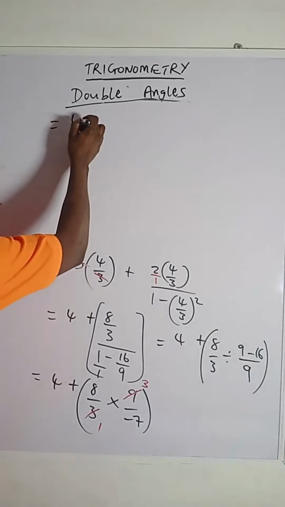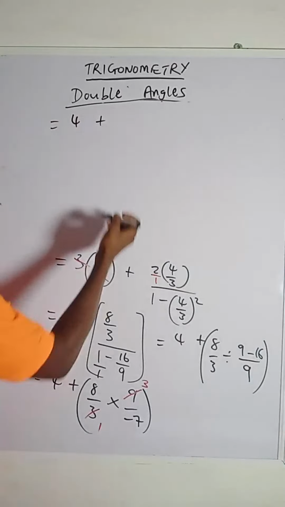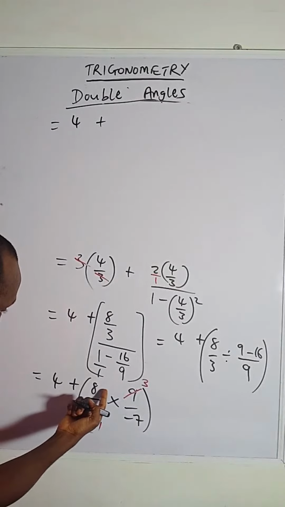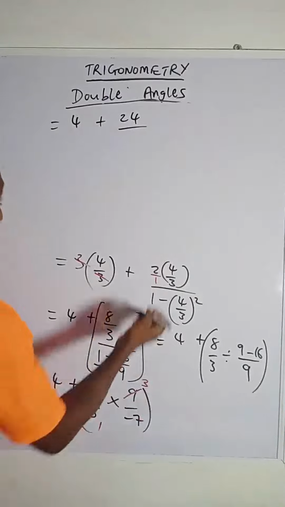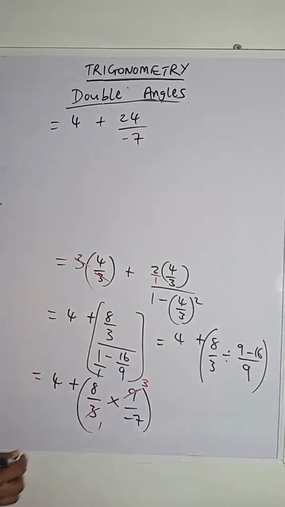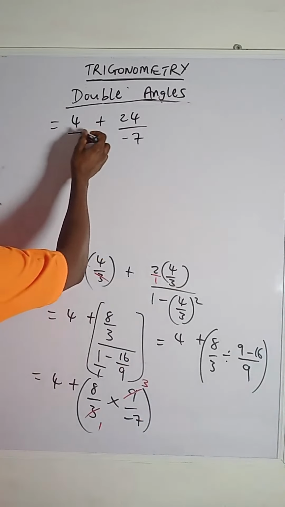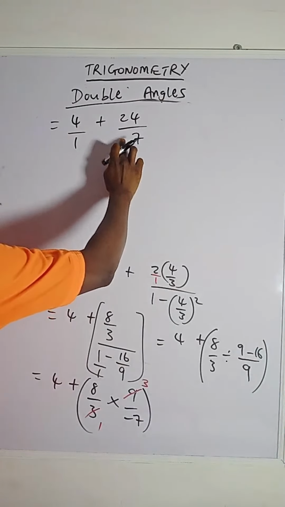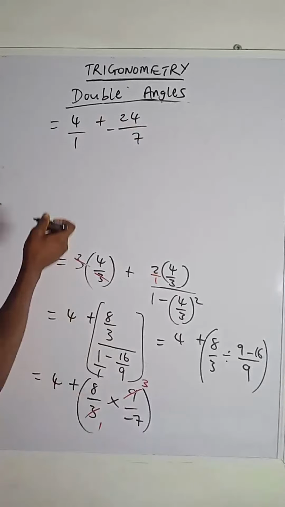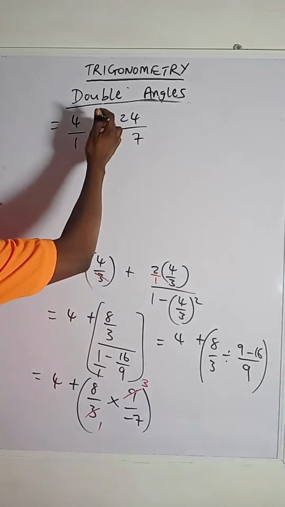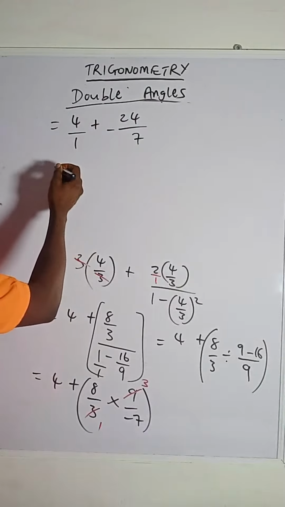This is 4 plus 9 times 3, which is 24, over negative 7. You can move this minus sign to the top if you want to. It doesn't change anything. So this is equal to what?